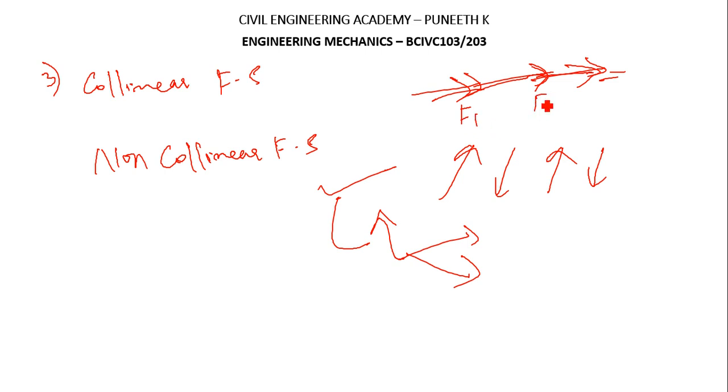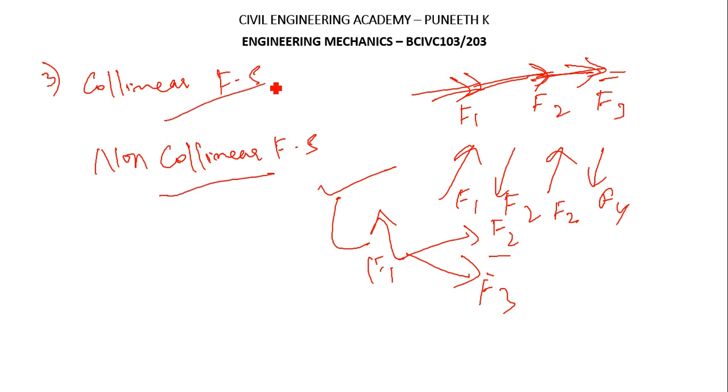If this is F1, F2, F3, we have a common line of action. But if I take these two diagrams, F1, F2, F3, F4, or in the second diagram F1, F2, F3, the lines of action of all these forces are not coinciding. That's why it is called non-collinear. So if the lines of action of all the forces are coinciding, we call it a collinear force system. If the lines of action of the forces are not coinciding, then we call it a non-collinear force system.